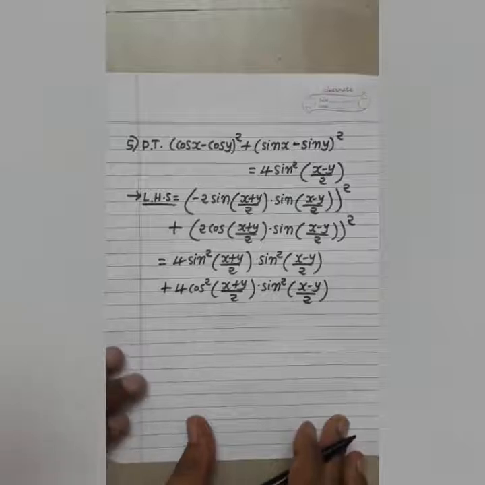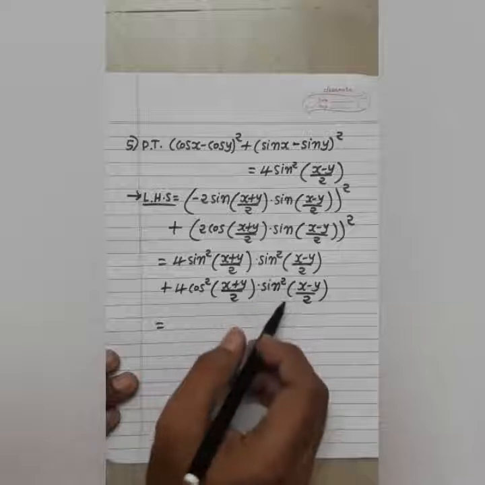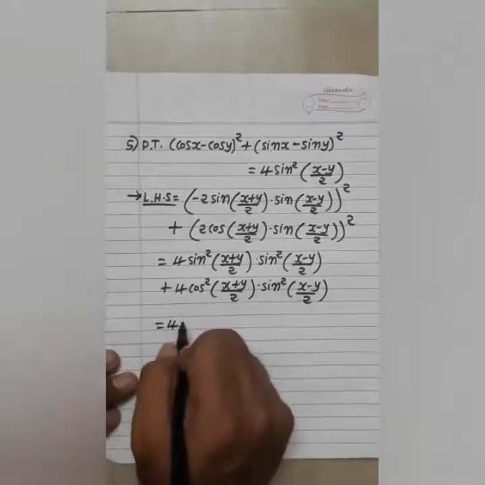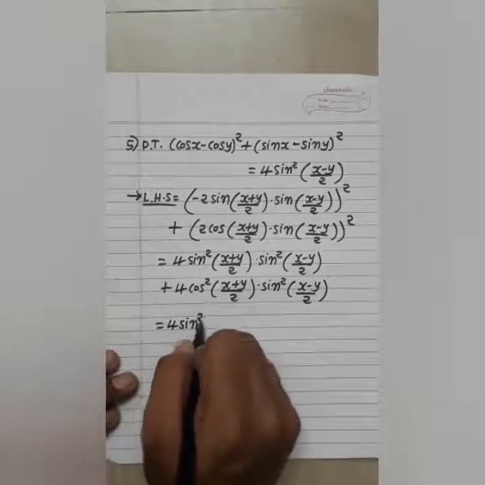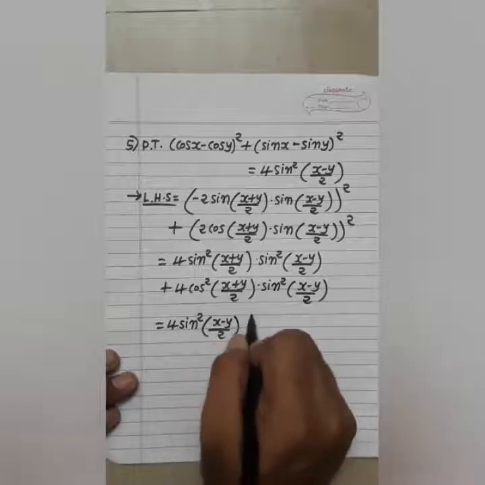So which term is common here? The common term is 4 sin square of (x minus y) divided by 2.